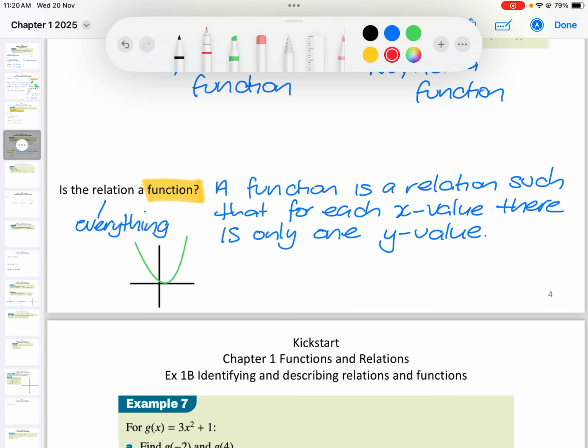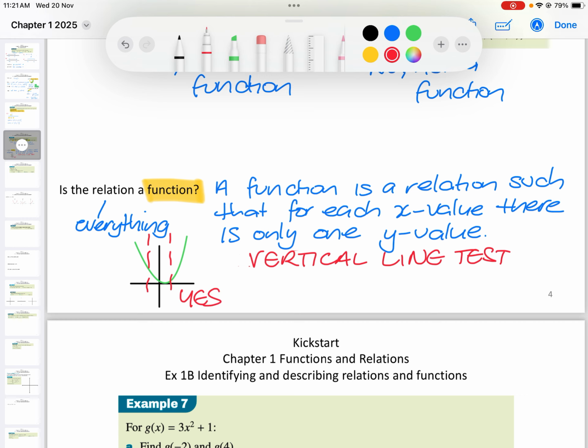Because we do what we call a horizontal line test. Sorry, no we don't. We do what we call, get out your liquid paper, a vertical line test. We pop a vertical line through, and if it only touches once, then yes, it is a function. So this one is a big fat yes.